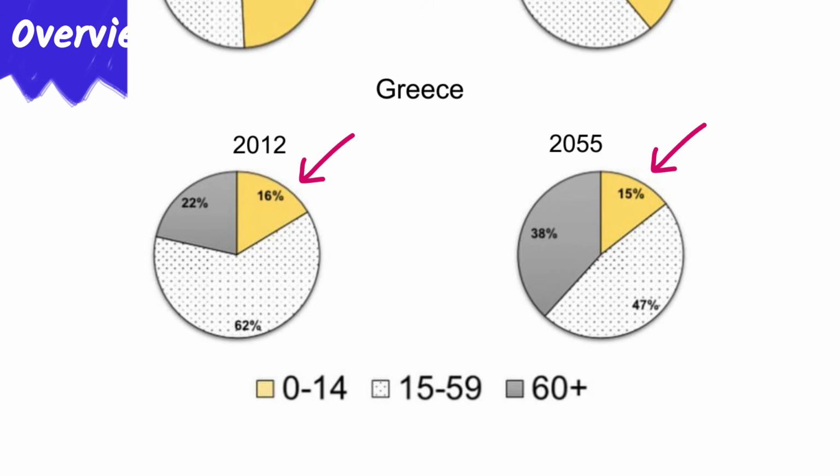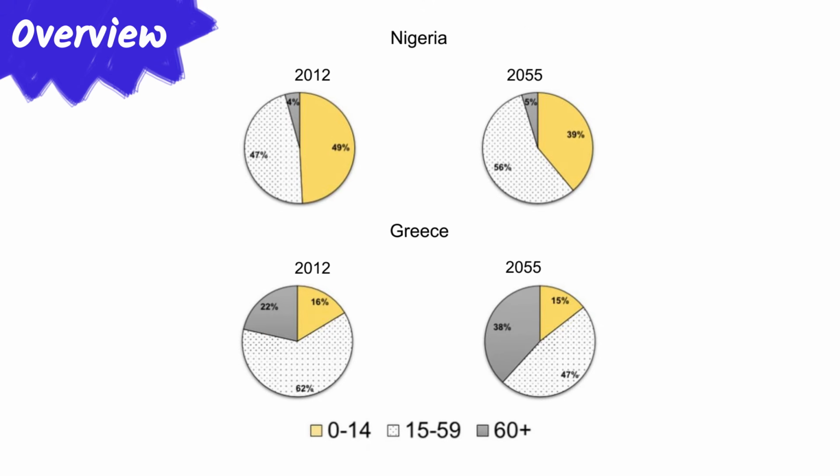At the same time, we see that the elderly generation in Greece is going to increase. So these are the most specific features when we take a look at this chart, all right? And also, you can write about, for example, 15 to 59 age groups, in which for Nigeria, it is going to increase.